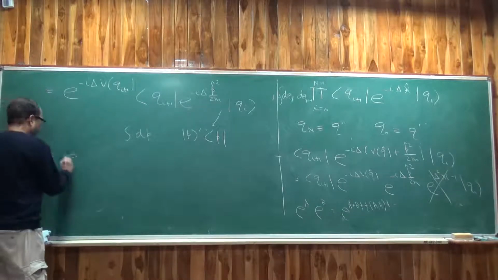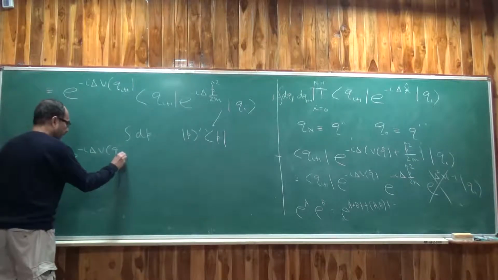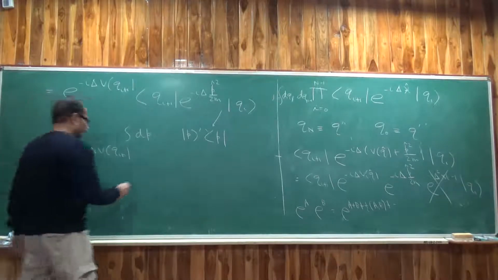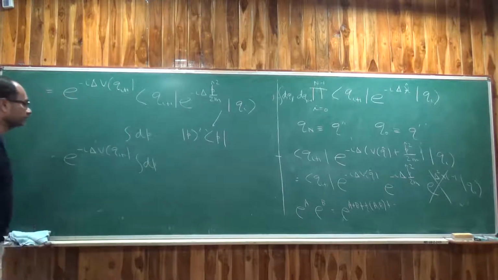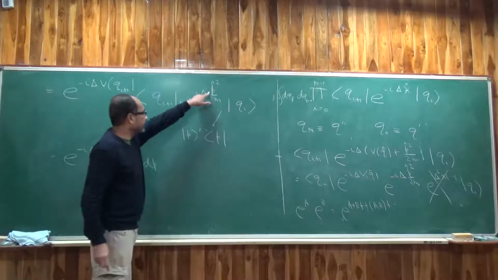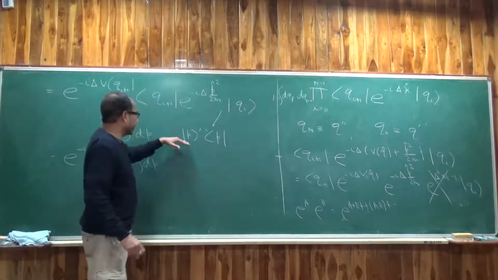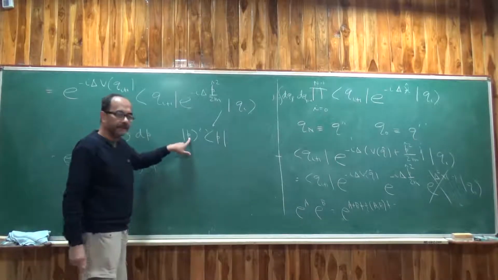So this gives you e to the minus i delta V of q i plus 1, integral dp. Now p hat e to the minus i delta p hat square is acting on a momentum eigenstate, so you can replace p hat by p.